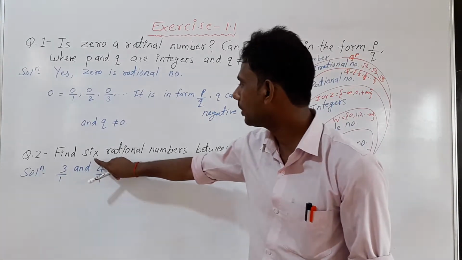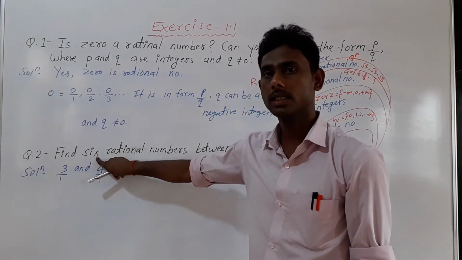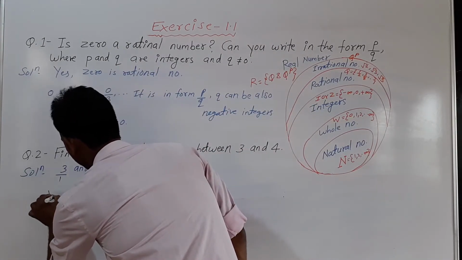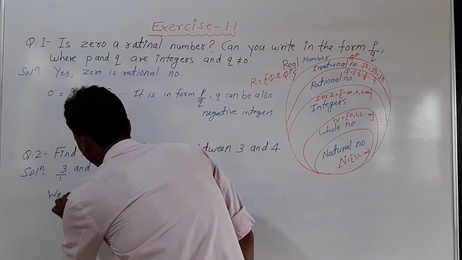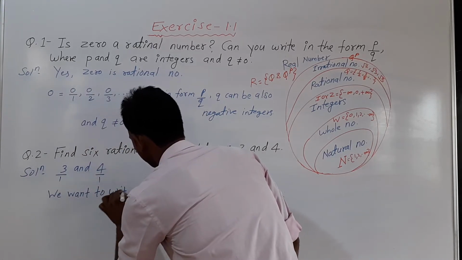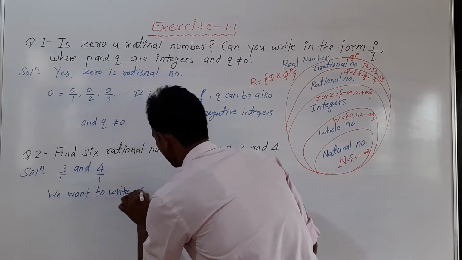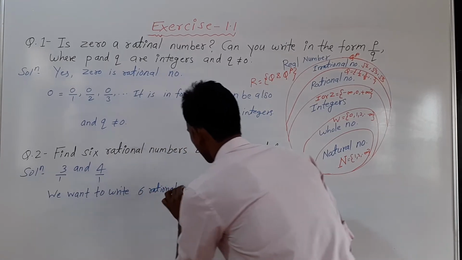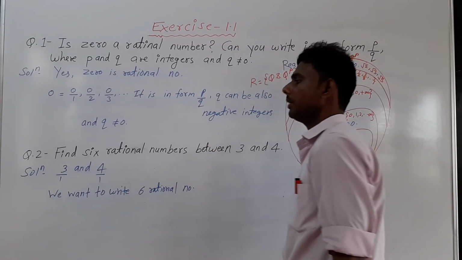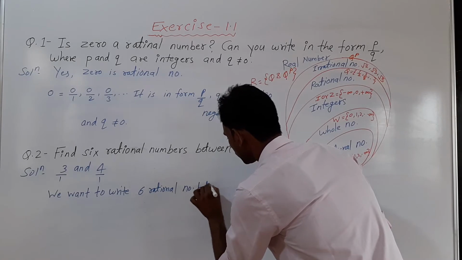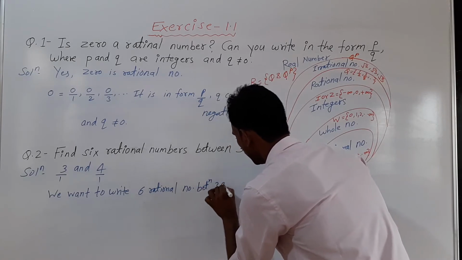So here we need to write 6 rational numbers between 3 and 4.